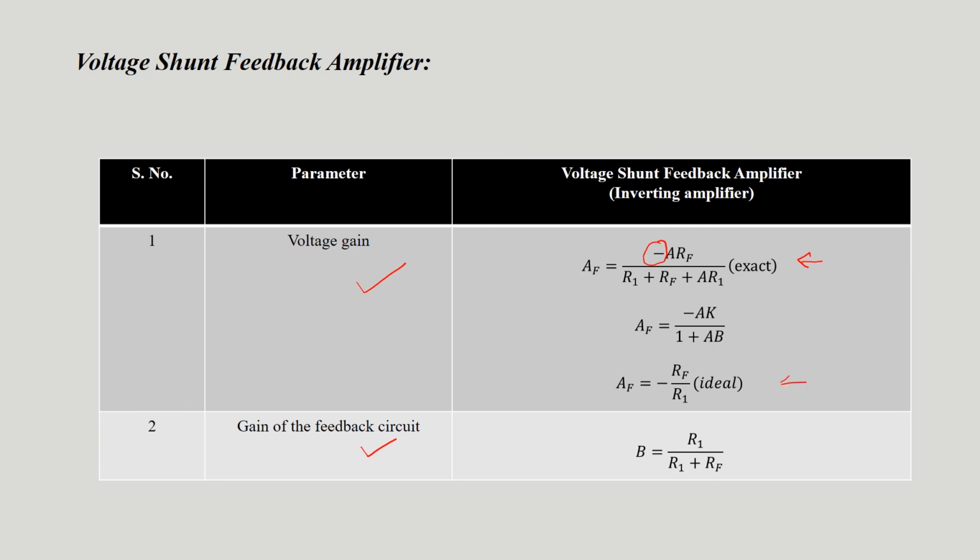This is the ideal value. Now we also write AF is equal to minus AK over 1 plus AB, where K is RF over R1 plus RF. This is also called the voltage attenuation factor. And another thing, we calculated B, that is R1 over R1 plus RF.